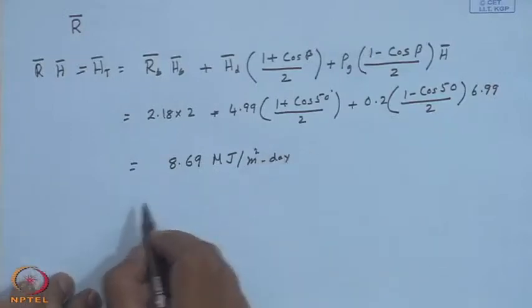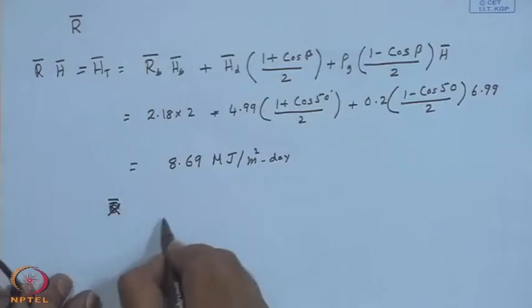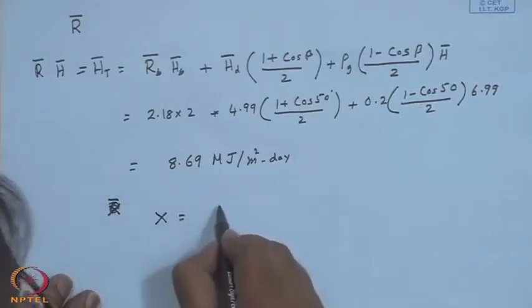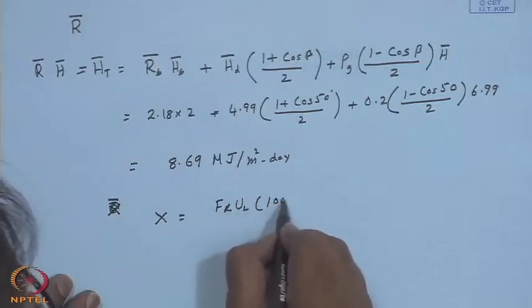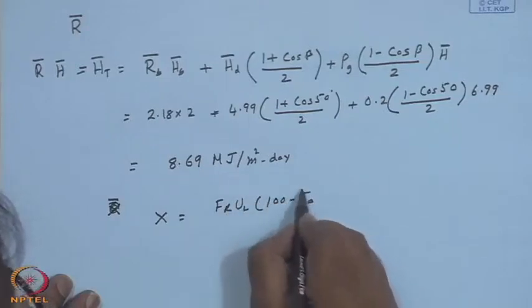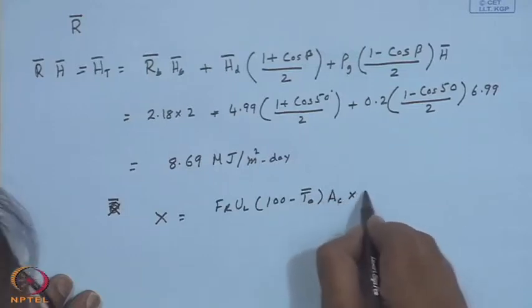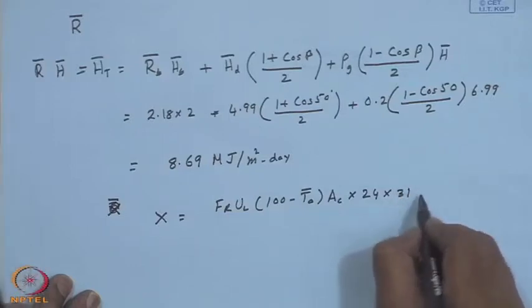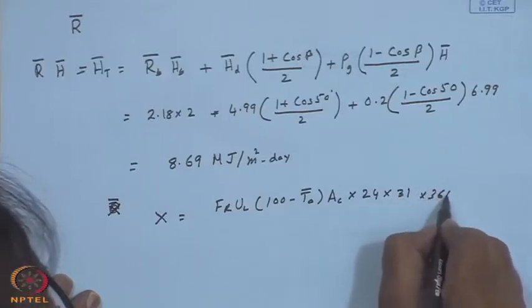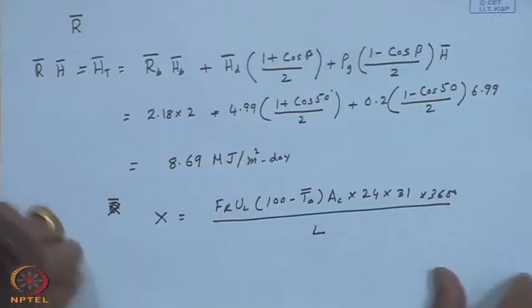So, now the F chart variable X is the non-dimensional collector loss. X is F R U L times 100 minus ambient temperature average multiplied by A c into number of seconds in the month by the load on the system.